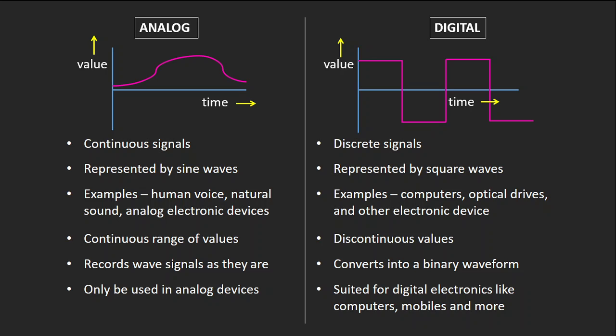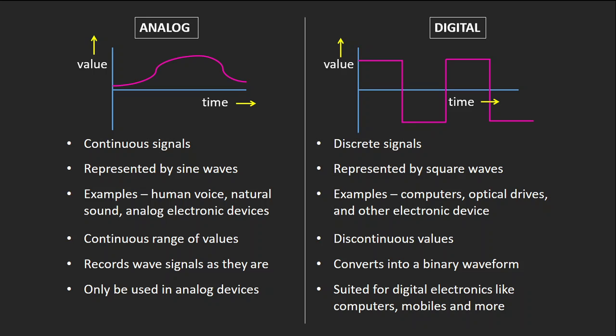So you need to convert that analog signal into a binary waveform, and a binary waveform will have only two types of states, either high or low. So directly, the given analog signal cannot be entered into the digital system. You need to convert it into a binary waveform.